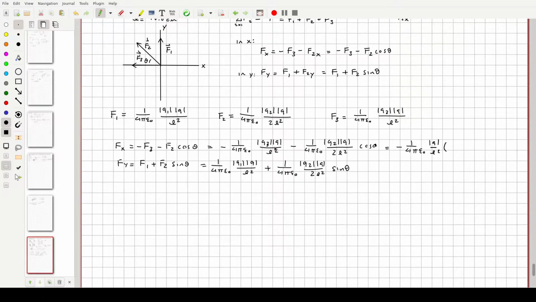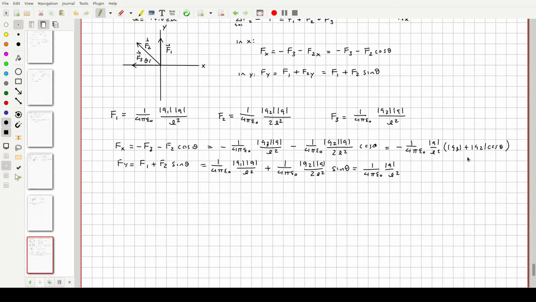So what you're left with after that is a Q3 plus a Q2 cosine of theta. Likewise here, a bunch of common terms: 1 over 4 pi epsilon naught. They both have a Q. They both have an L squared.